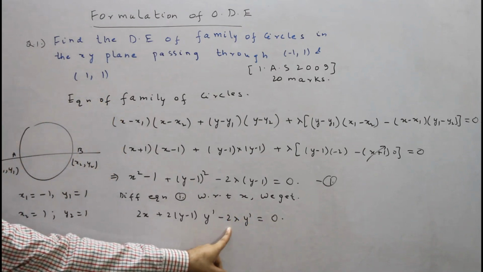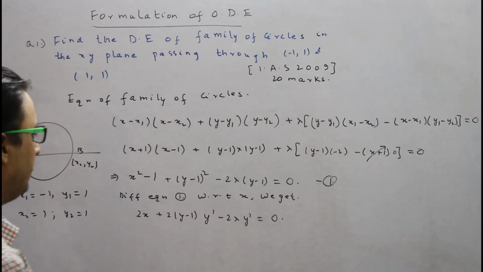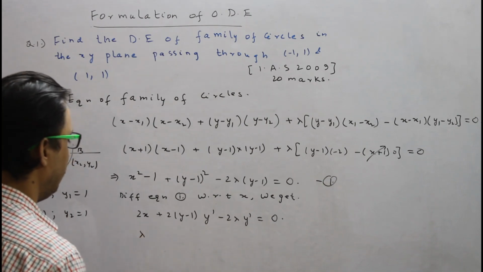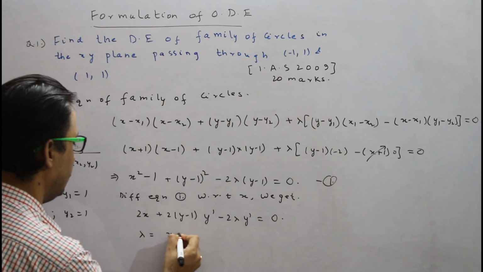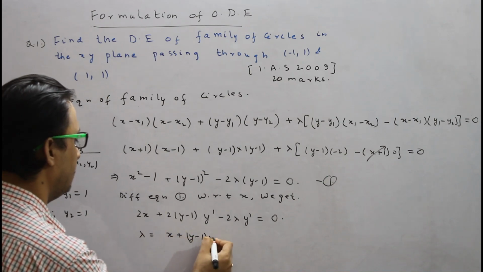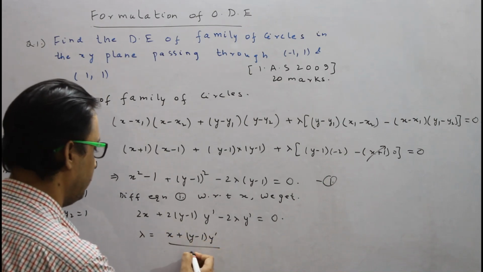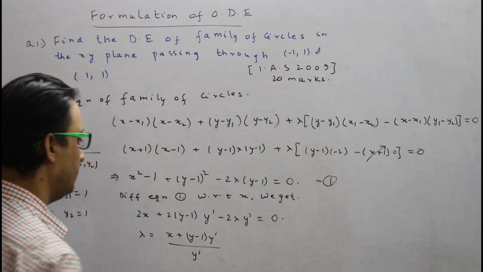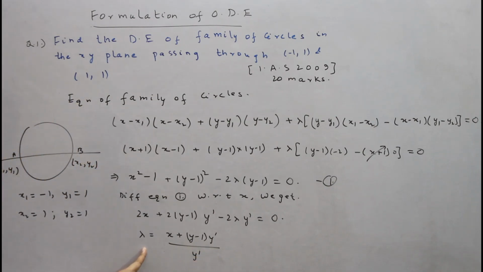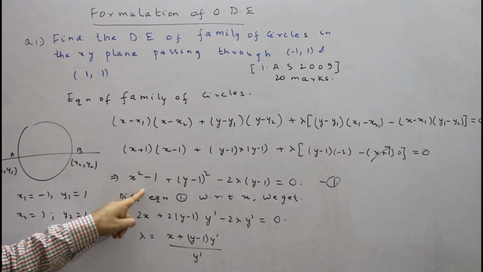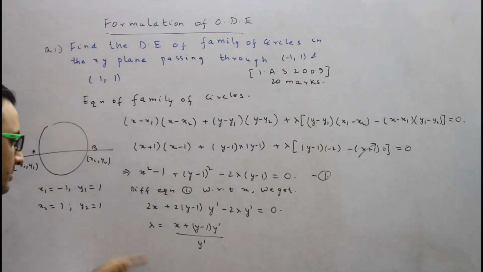So from here we are getting the value of lambda. What is the value of lambda? Lambda value is (x plus (y minus 1) y dash) divided by y dash. So we have got the value of lambda. If you put this value of lambda in equation 1, we are going to get our answer.